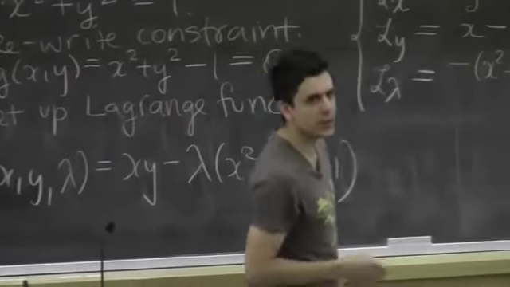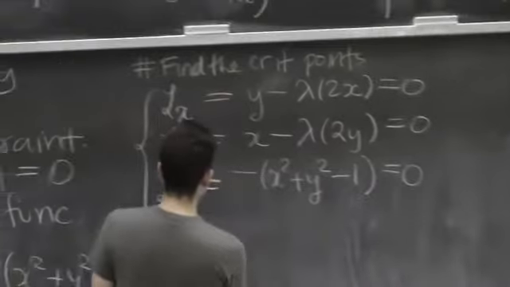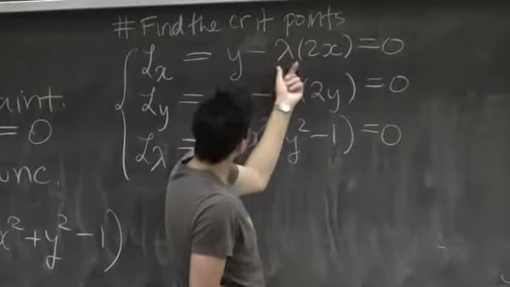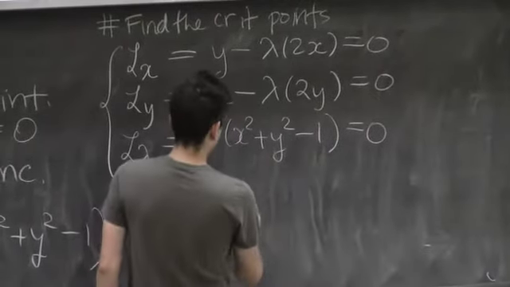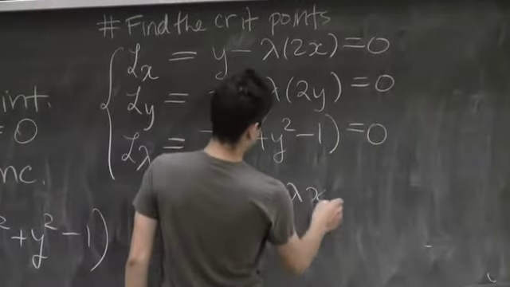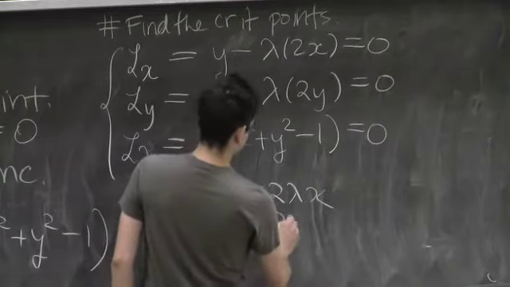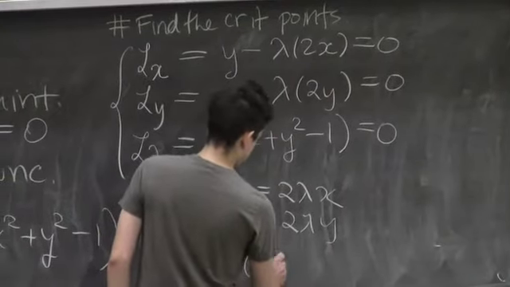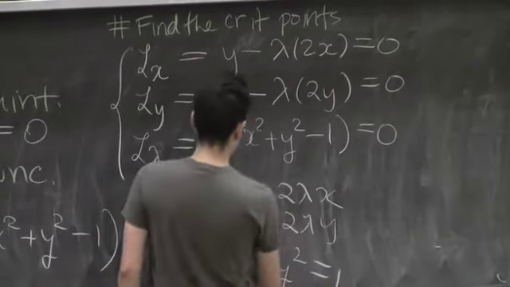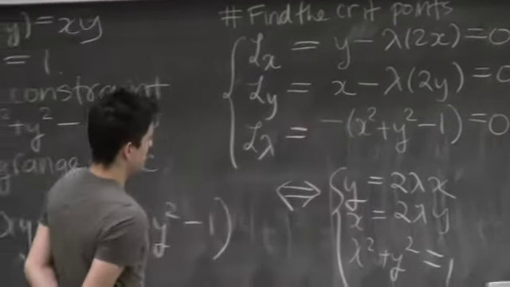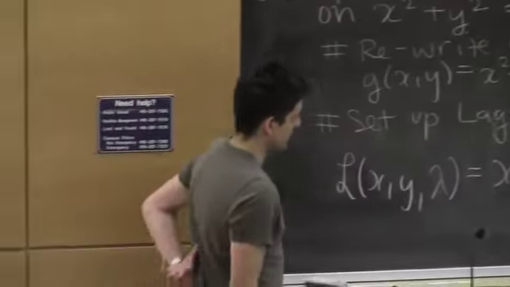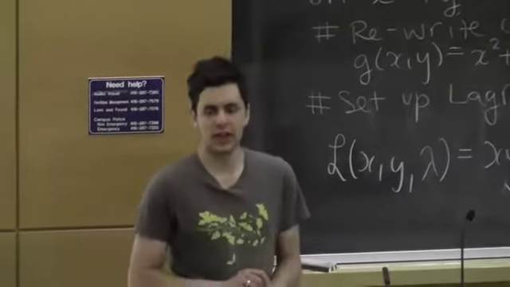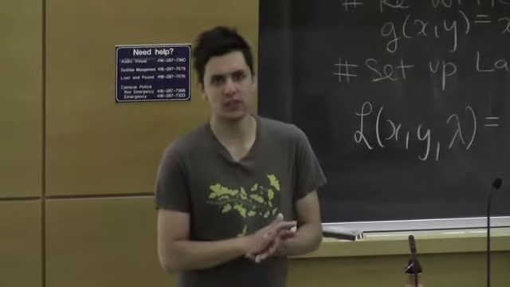Let's rewrite these in a way that might make them easier to solve. I'm going to bring the stuff involving lambda over to the other side. Now I get here. Any suggestions on how I can start solving these?